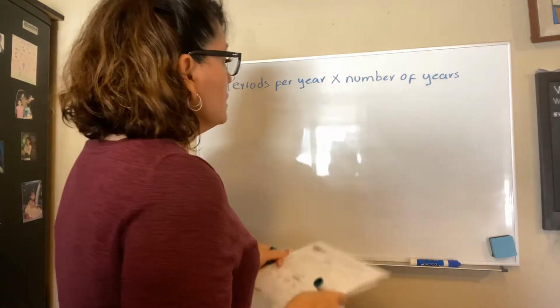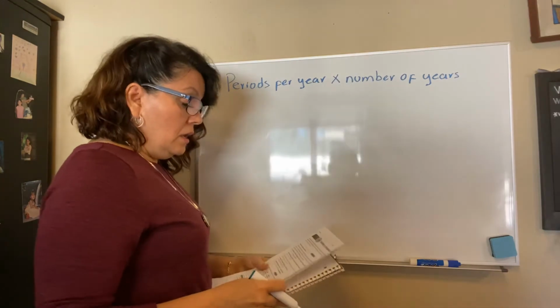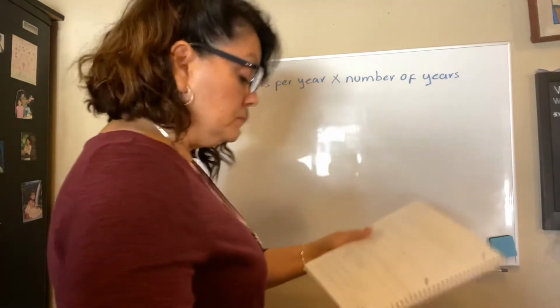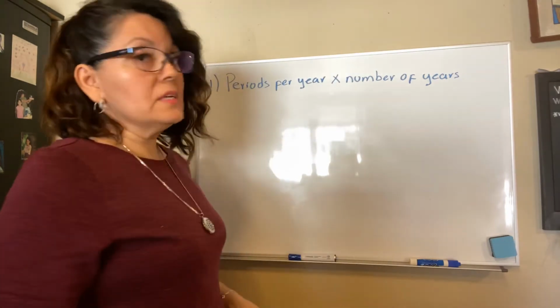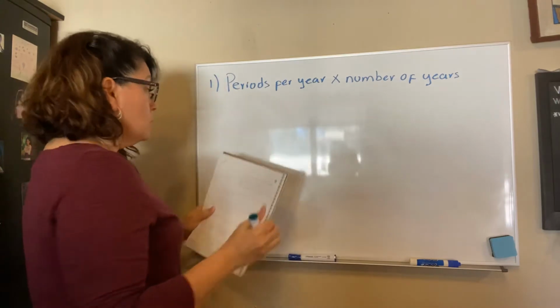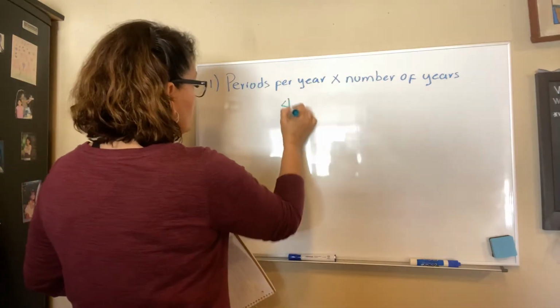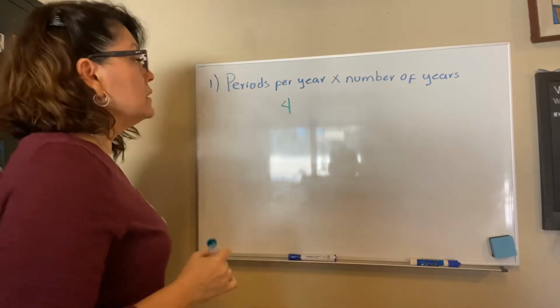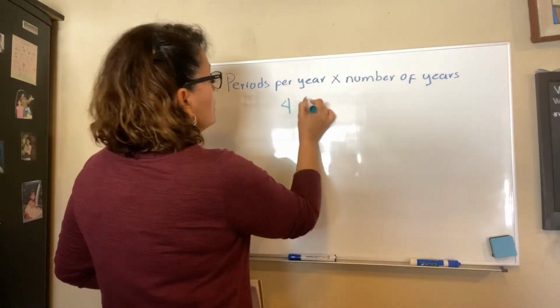How many periods per year? It is going to be really easy. How many times during the year? It's going to be 4 times, because it's what? Quarterly. Thank you guys. So how many years? For 3 years.